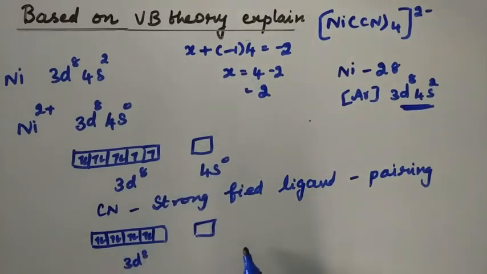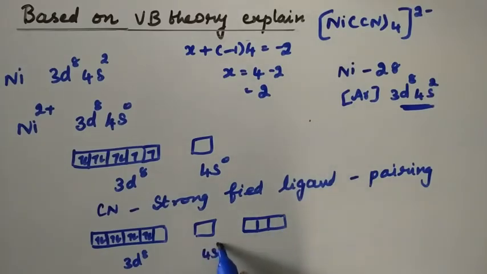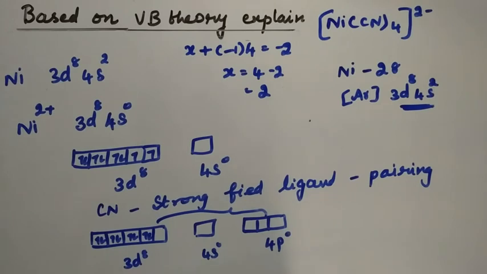So for [Ni(CN)4], the coordination number is 4. So it needs 4 vacant orbitals. We can take the 4p also. Because it needs 4 vacant orbitals, hybridization takes place, dsp2 hybridization.